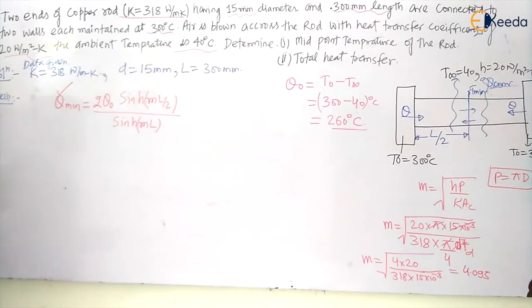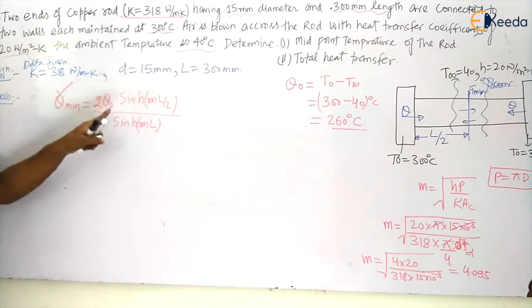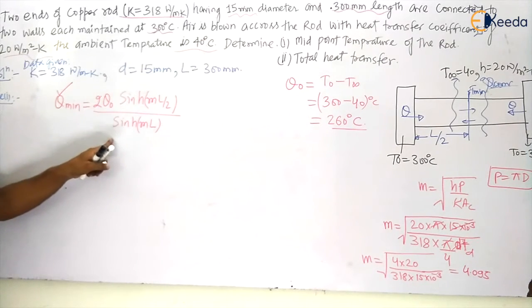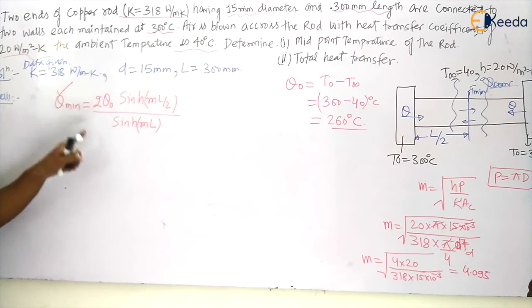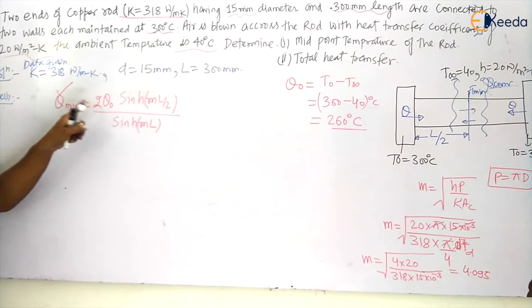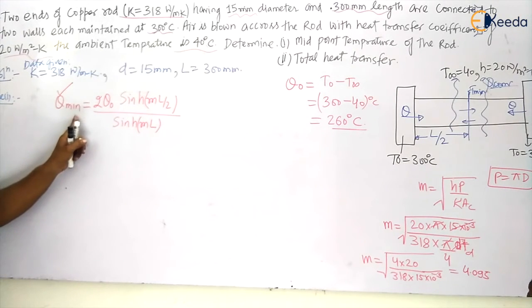So now you have theta naught, you have m, so you have everything. So you can easily calculate theta minimum, or not? Yes, let us put all the values and calculate it.